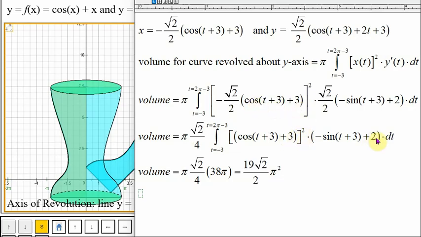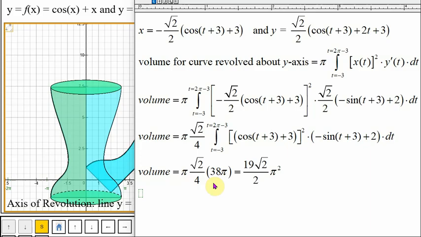And then if we evaluate this definite integral right here from negative 3 to 2 pi minus 3, then we'll end up with 38 pi. And then simplify, we'll end up with 19 square root of 2 divided by 2 times pi squared.